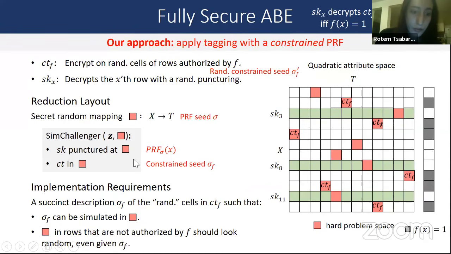That should solve both of our requirements, because we have the guarantee that the constrained seed allows us to compute all of the tags of the authorized attributes, but does not allow us to learn anything about the tags of the other attributes. And on the other hand, it is succinct by the definition of the constraint PRF.